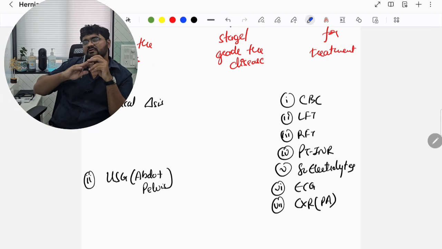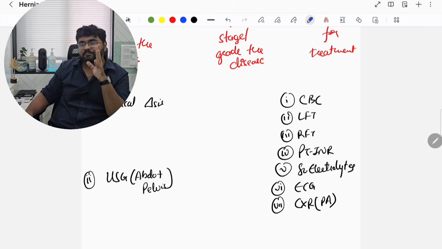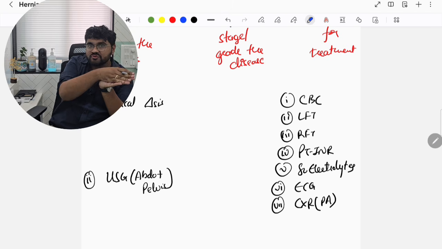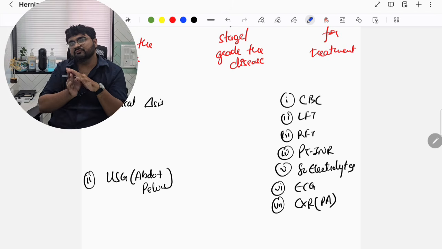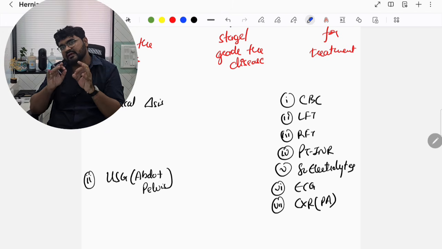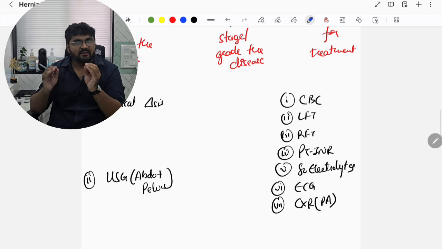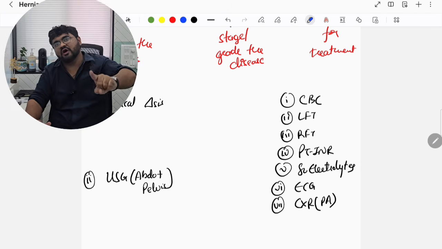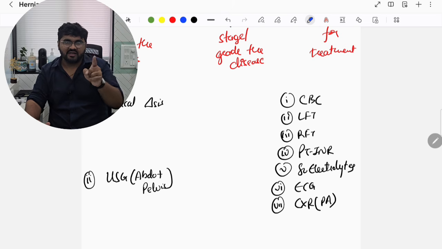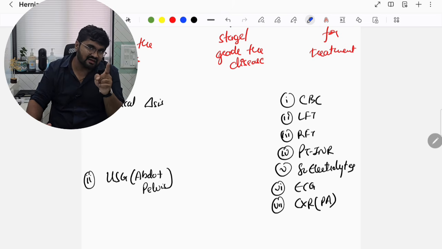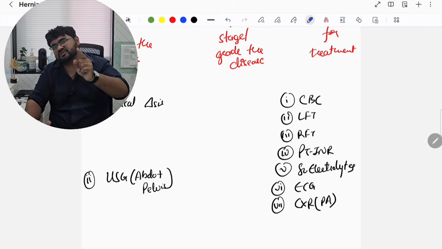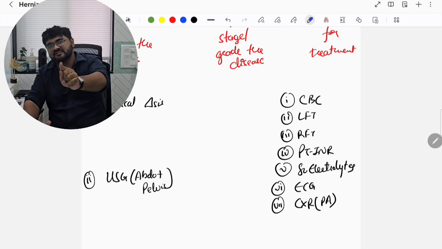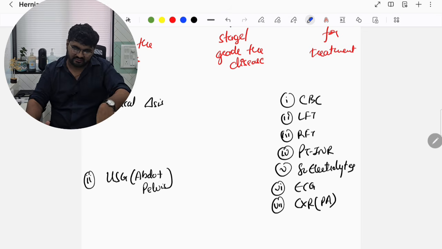But here I want to mention two important investigations that you have to do when the patient first comes to you. Okay, though they are not helpful in confirming the diagnosis, they are very helpful in further management. Here they have told you that the patient is diabetic for 15 years. So it is necessary that you get an FBS, fasting blood sugar, postprandial, and even HbA1c at the outset.